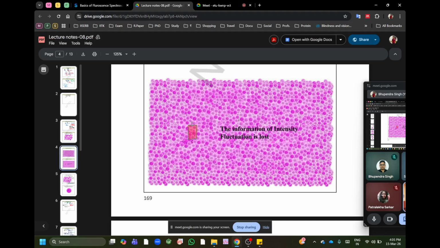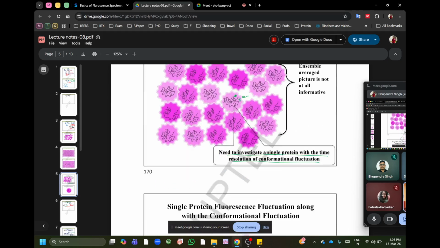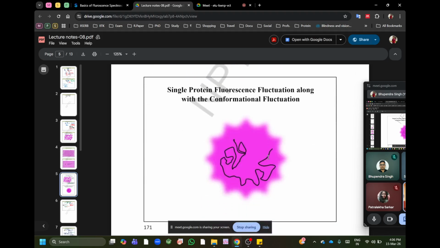So for the single molecule, let's say you are focusing only on this portion. The protein is coming and going, and your volume is fixed here. It is also written: a need to investigate a single protein with a time resolution of conformational fluctuation. So how can you do that?